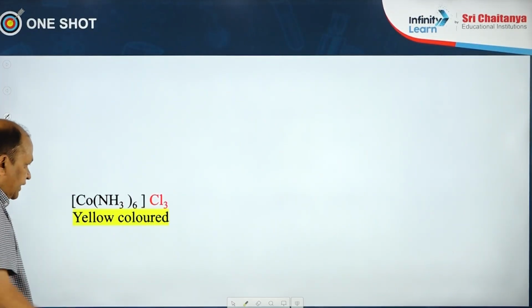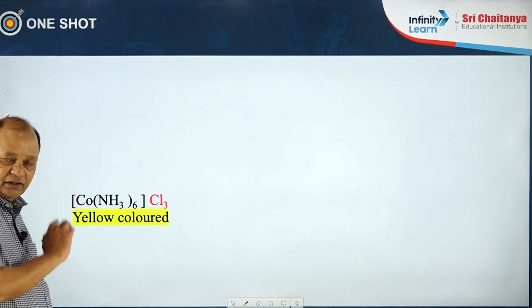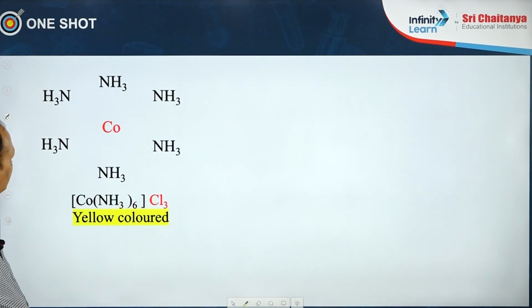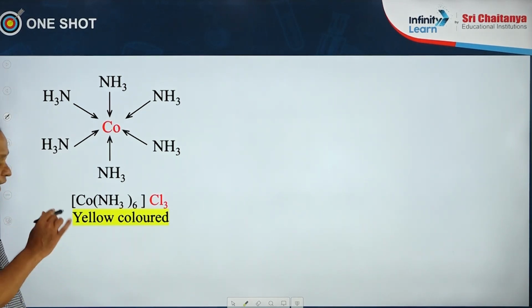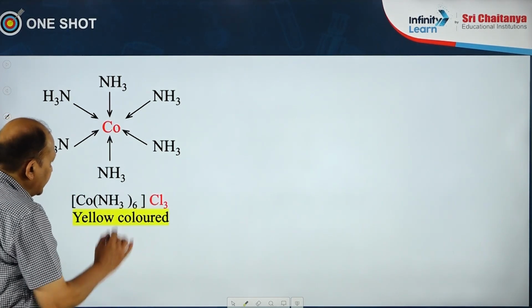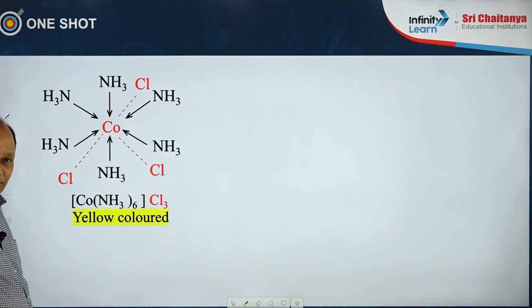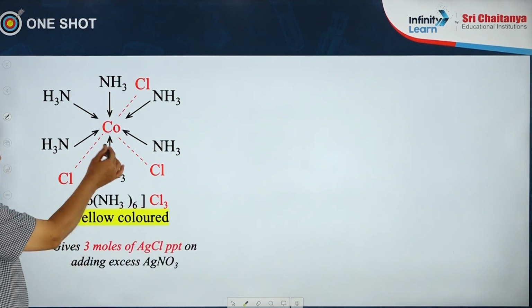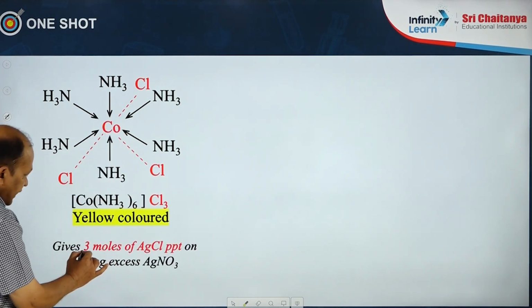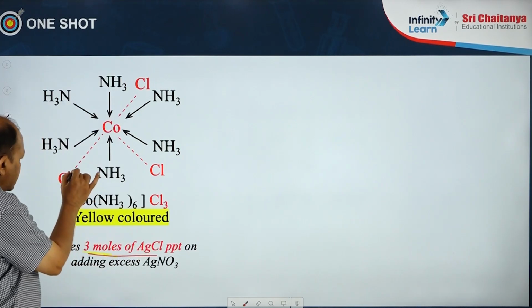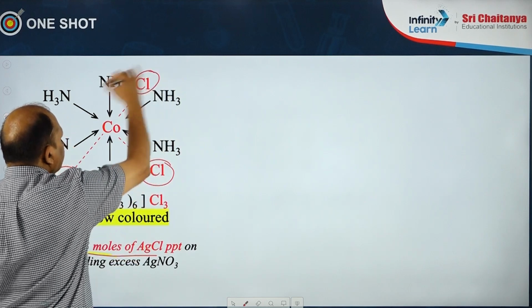First, a cobalt complex we have taken, hexaamminecobalt(III) chloride. Central metal, 6 ammonia molecules as ligands forming coordinate covalent bonds, non-ionizable, satisfying the secondary valence. The 3 chloride ions satisfy the primary valency; these are ionizable. When you add excess AgNO3 to this, you will get 3 moles of AgCl, because there are 3 chloride ions which are ionizable.